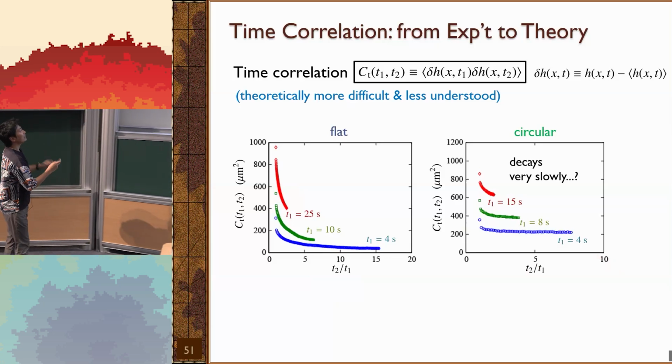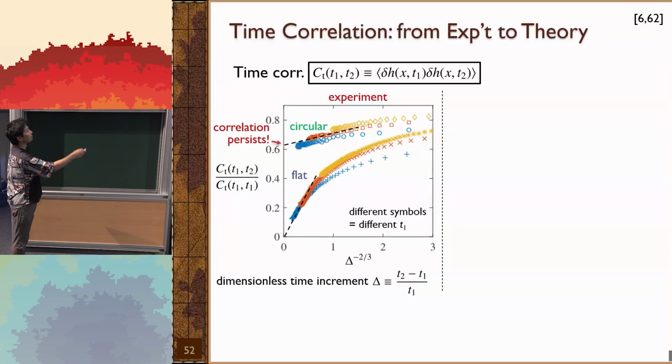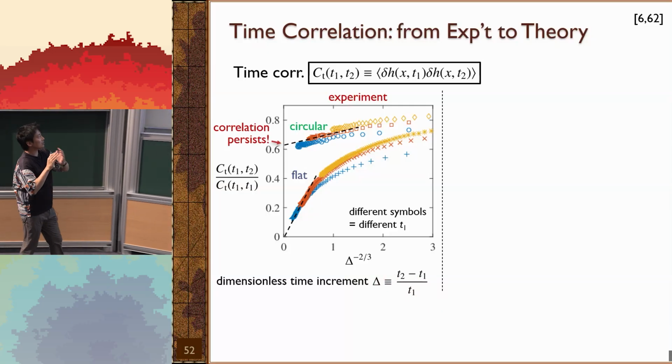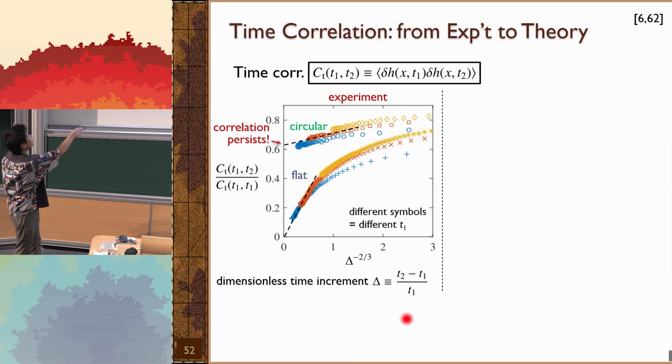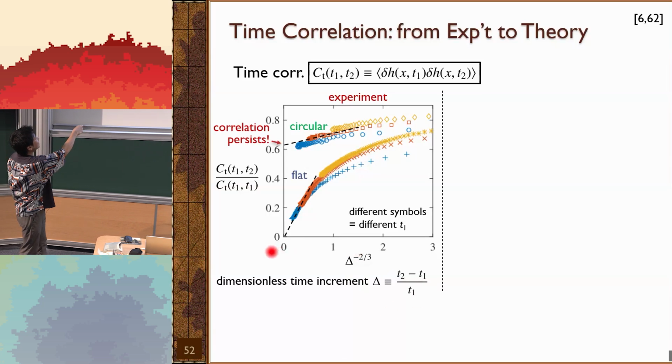This becomes clearer if we plot the same quantity in a different way. Here the y-axis is a rescaled two-time correlation function, and the x-axis is delta to the minus 2/3, where delta is the rescaled time increment, T2 minus T1 divided by T1. So infinite time increment corresponds to going leftward in this plot.